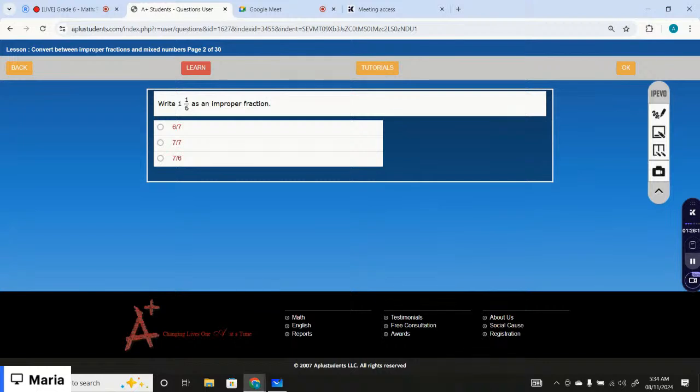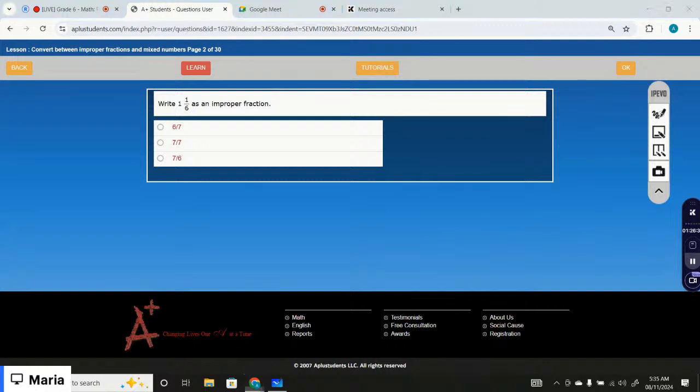1 whole 1 over 6. Write 1 whole 1 by 6 as an improper fraction.